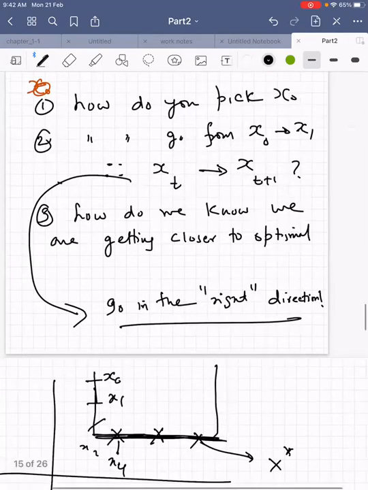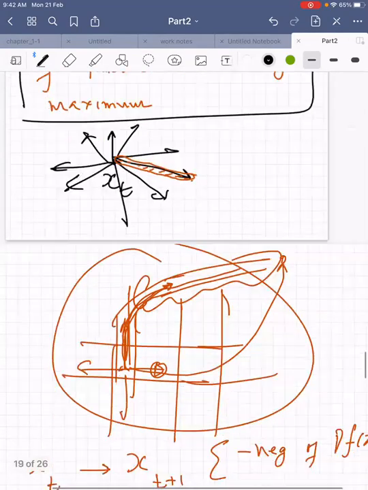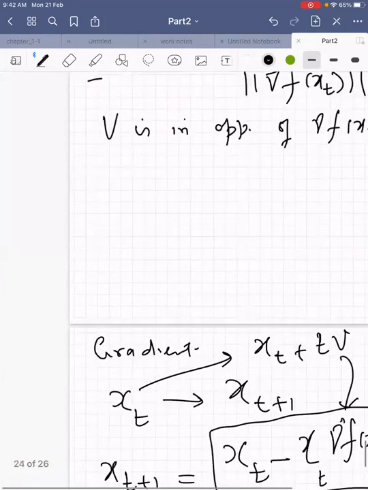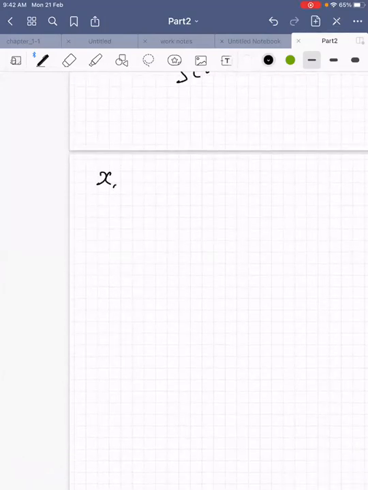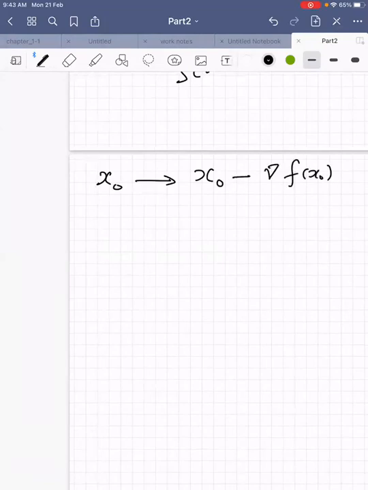Which means if I'm at x0, I want to move from x0 in this direction, because v was negative of gradient of f at x0 by norm of gradient of f at x0. Is that okay?